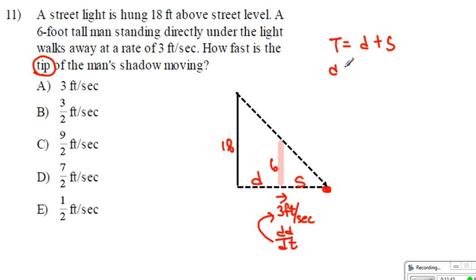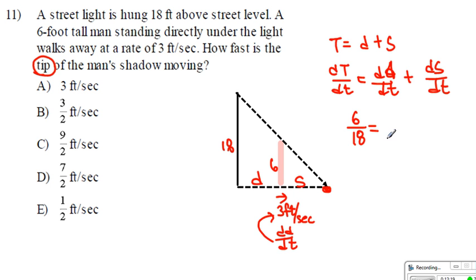If we take the derivative, then we get dt/dt, which is equal to dd/dt plus ds/dt. Now another relationship is the smaller triangle to the big triangle: 6 over 18 is the ratio s over s plus d.